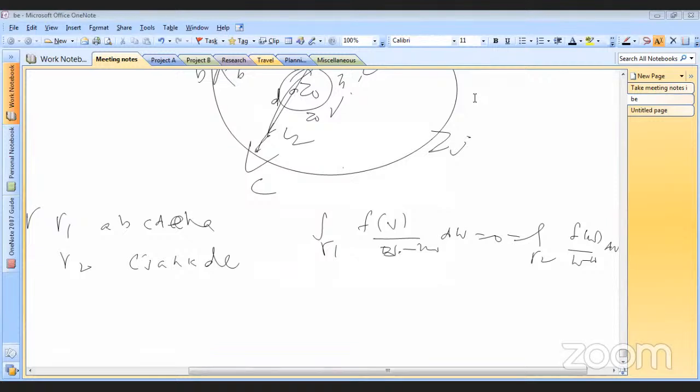What is the power series? The geometric series, summation n equals 0 to infinity of z to the power n.